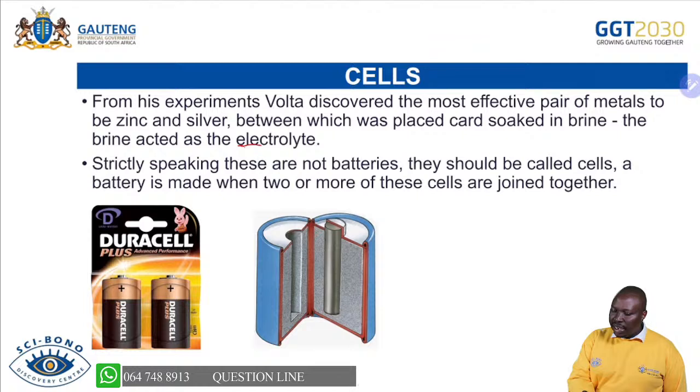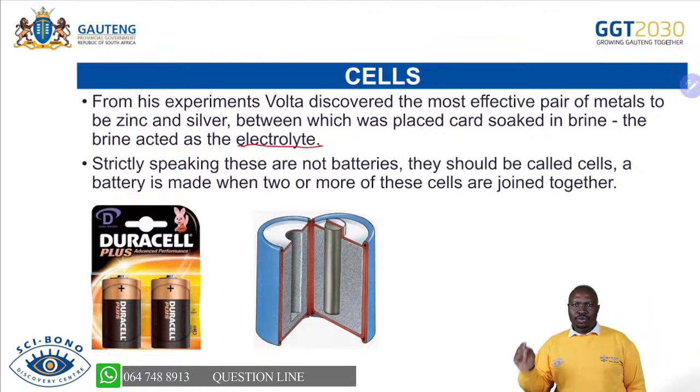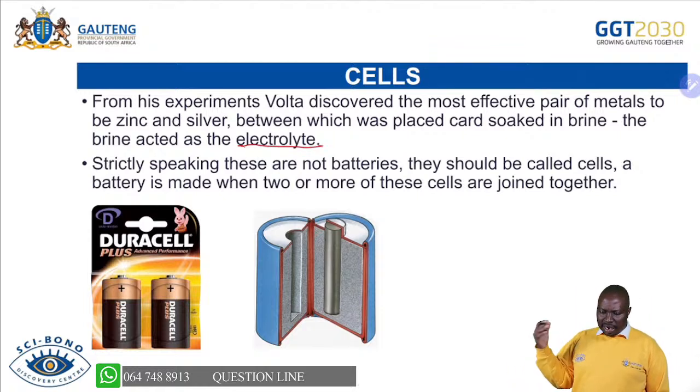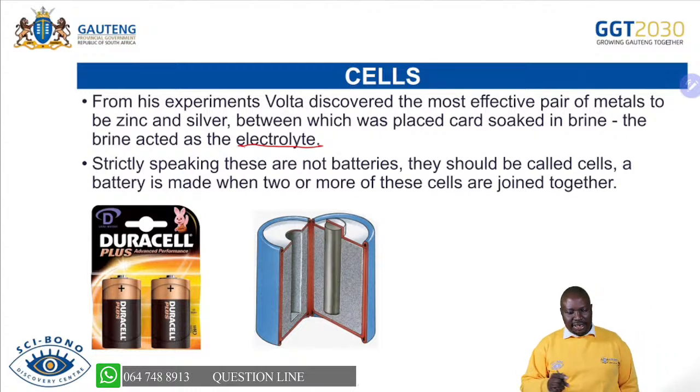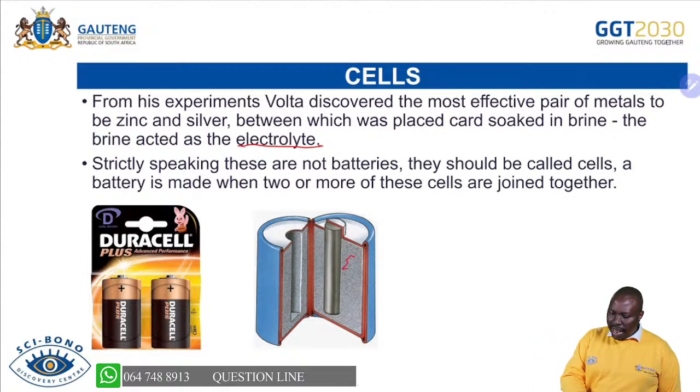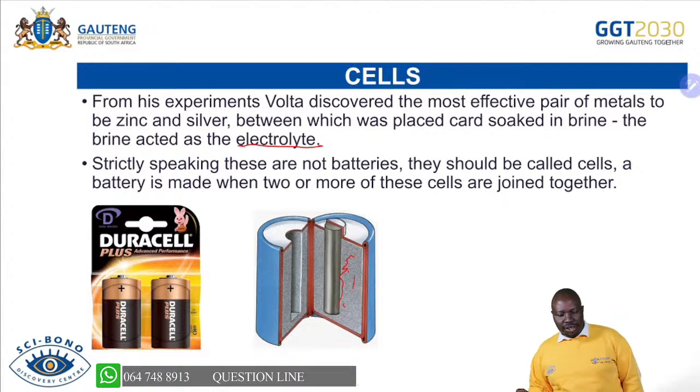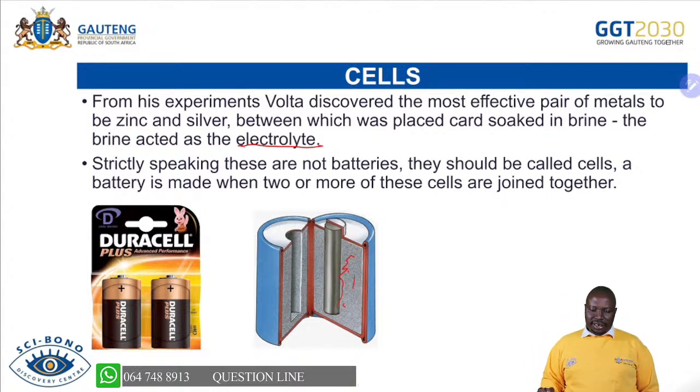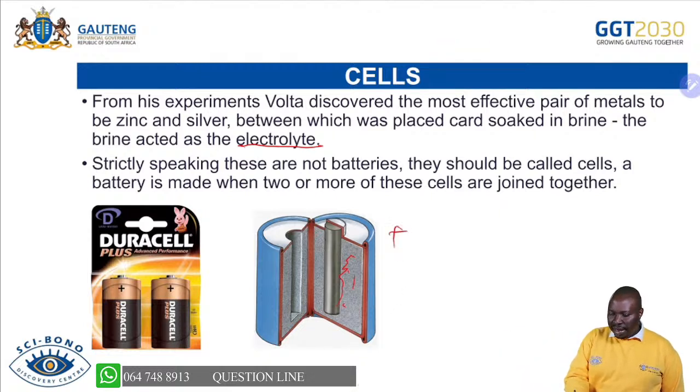You will be dealing with electrolytes a lot in this term, as you will be doing your electrochemistry, and it applies even here. Inside this cell we have those electrolytes, which is the solution soaked inside that cell, and it will allow the charges to pass. Remember, it's about the positive charge and the negative charge. So when you get your cell, it has positive and negative.